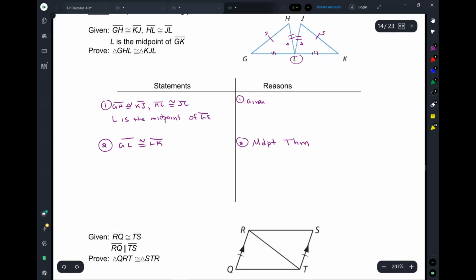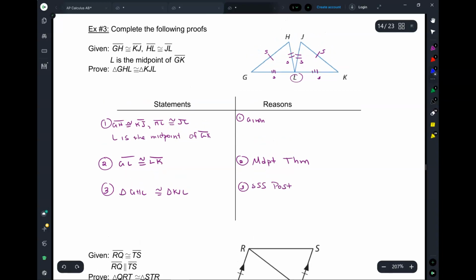So look, okay, side, side. So now, three sides congruent to three sides, I can now say triangle GHL is congruent to triangle KJL, SSS postulate.